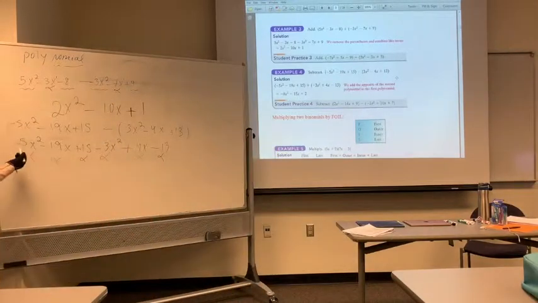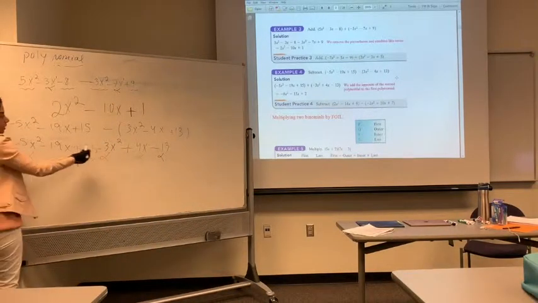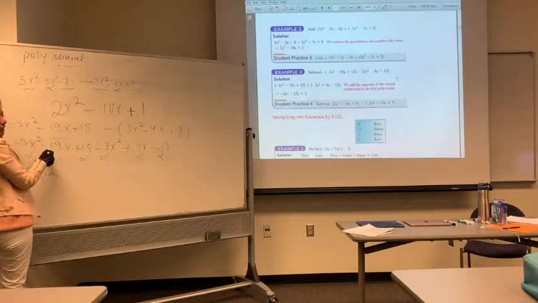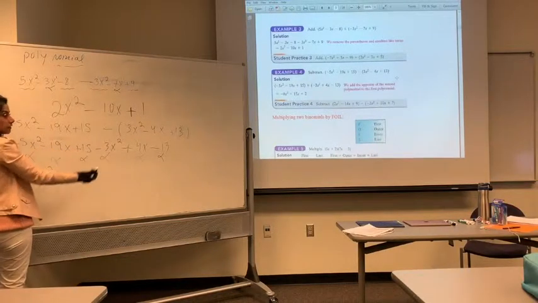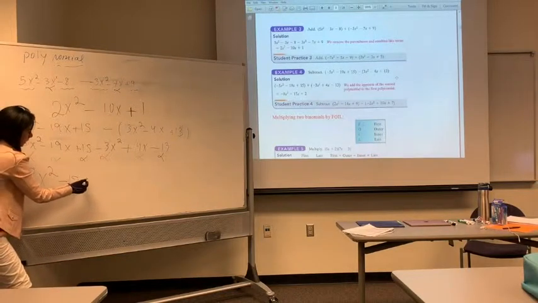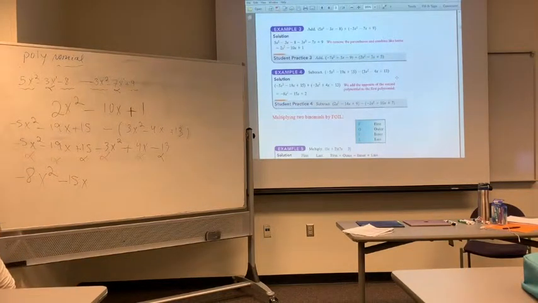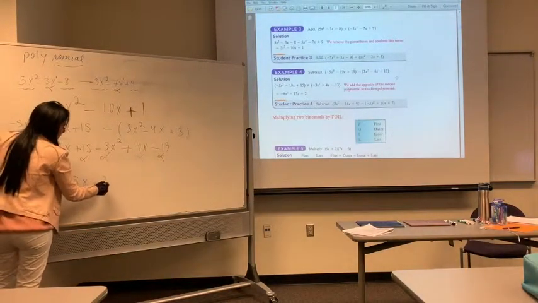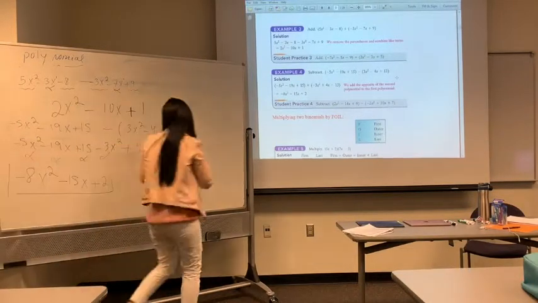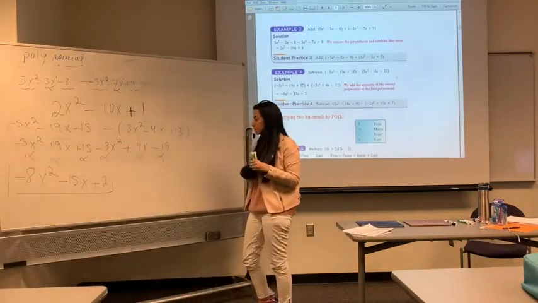So we have negative 5x squared, negative 3x squared, which is negative 8x squared, and negative 19x plus positive 4x is negative 15x. And then we have two constants, 15 and 13, which is 2? No, 28? I was adding wrongly.